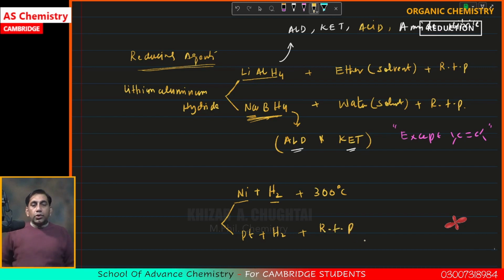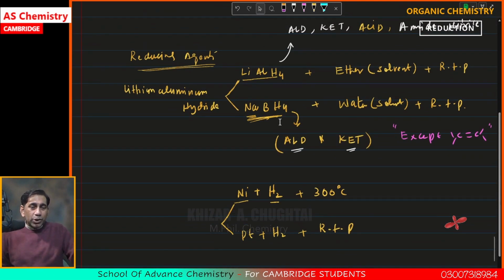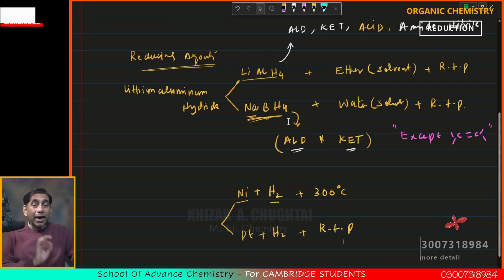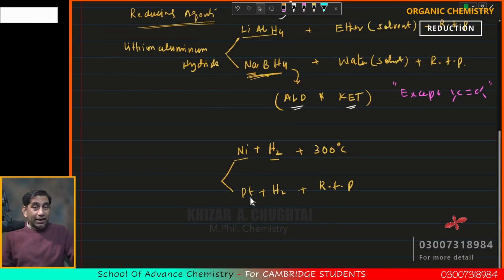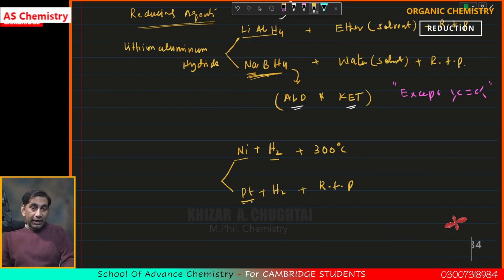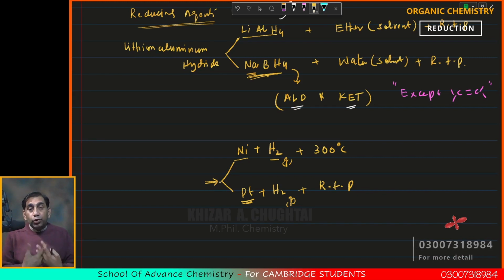RTP. So generally speaking, whenever we are using lithium aluminum hydride and sodium borohydride, we do not add any hydrogen. But if you are using just a solid metallic catalyst, then we use pure hydrogen gas. So in this category, we will have to use hydrogen.